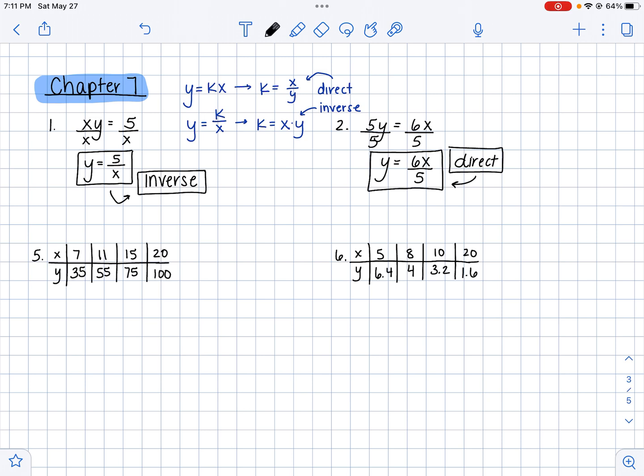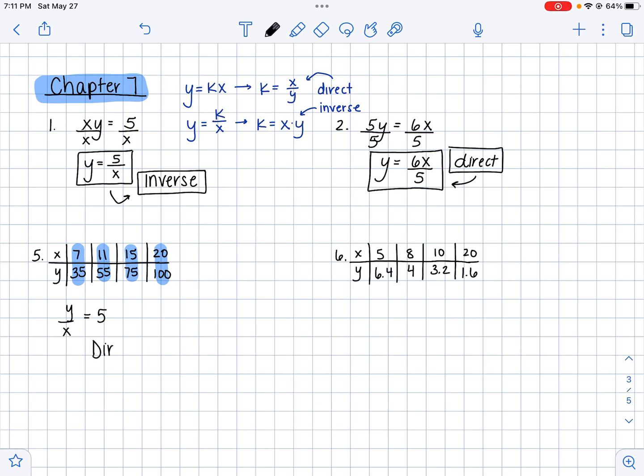Looking at the next 2, I'm going to look at what k is equal to, and I'm going to ask myself, do I have to multiply or divide to get the same value? When I look at my x and y pairs, I realize that if I divide them, y over x, they all are 5.